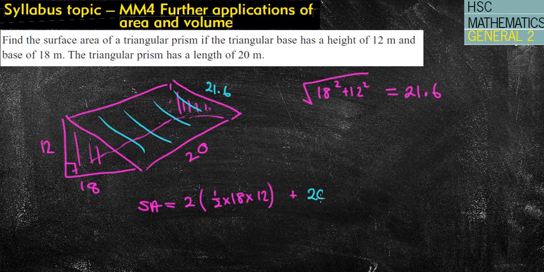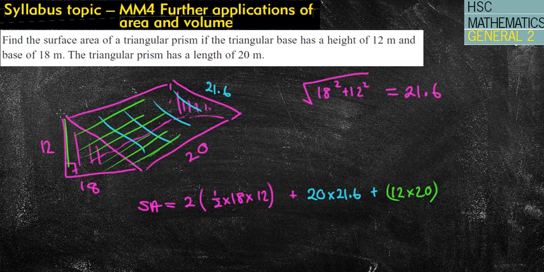So we've got 20 by 21.6. We've got the back face, which is the 12 by 20, which you can see it's the back face there. So 12 by 20. And then the last one we're going to have is the base, which is the 18 times 20. 18 times 20.